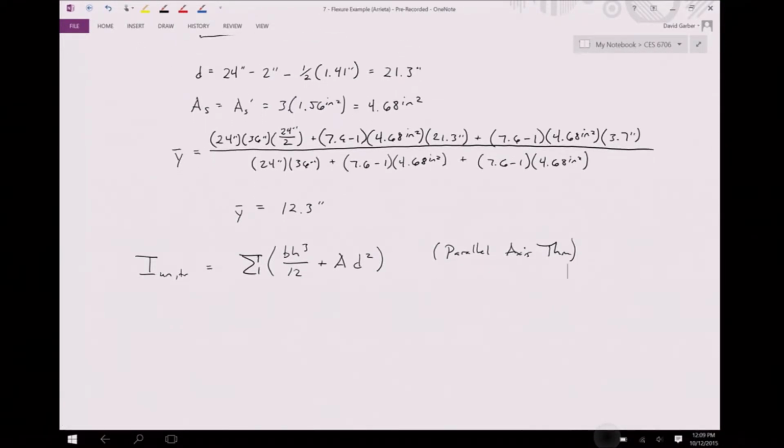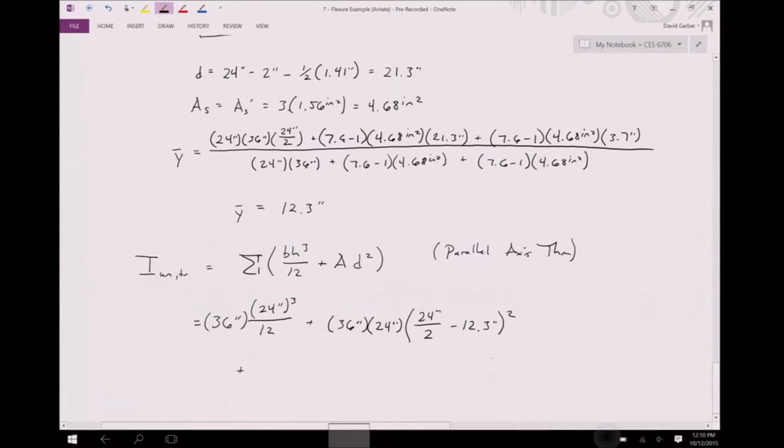Alright, so we'll start with our concrete moment of inertia. So concrete 36 times 24 inches to the third over 12, plus now we need our Ad squared component. So A times our d, which is 24 inches over 2 minus 12.3, squared.